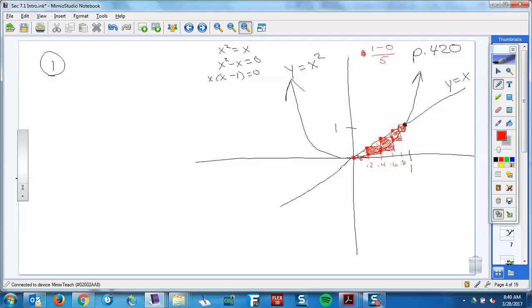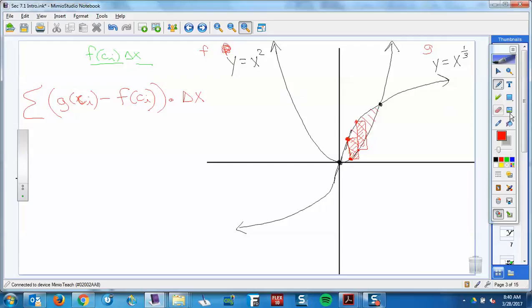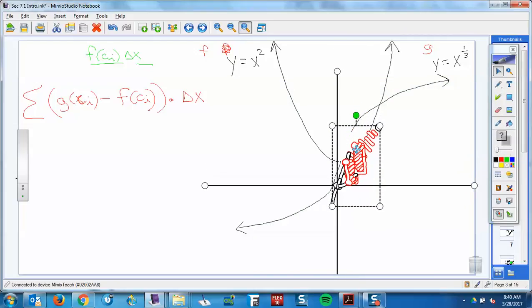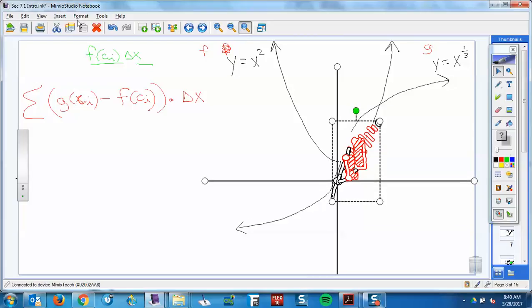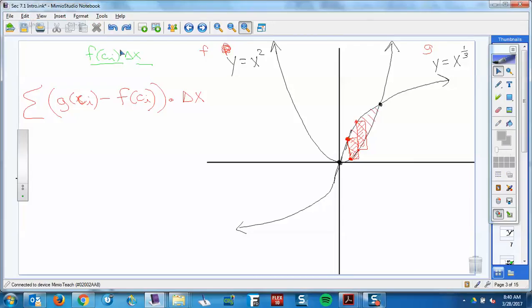there's no such thing as negative area. In other words, the x-axis plays no role. What if I took this area, oh shoot. Okay, if I took this picture, if I took this graph and just slid it down a little ways, part of that area would go below the x-axis.